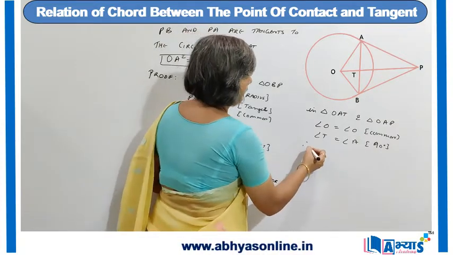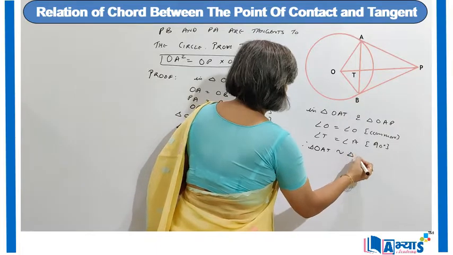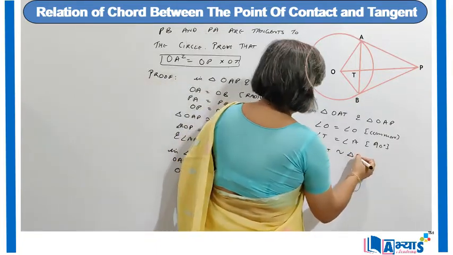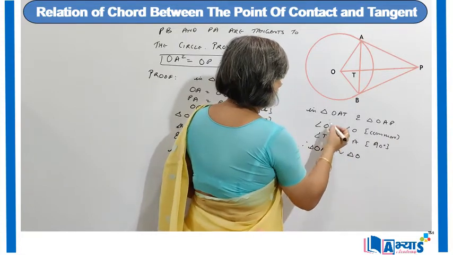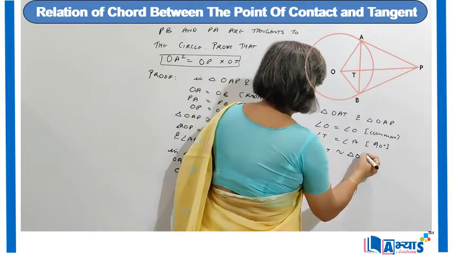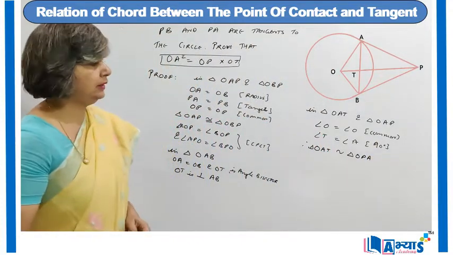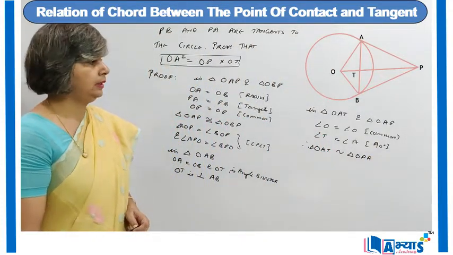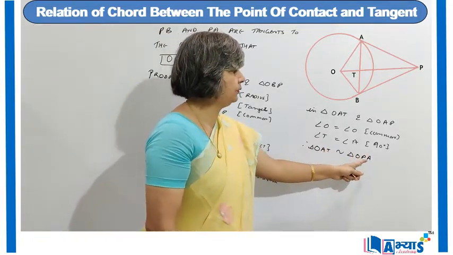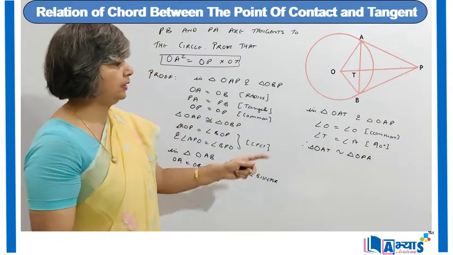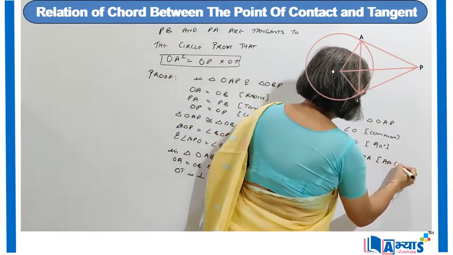We can say that triangle OAT is similar to triangle OPA. For this A we will have P, because T is corresponding to A. So triangle OAT is similar to triangle OPA because angle O is common in both and angle T is equal to angle A, by AA criteria.